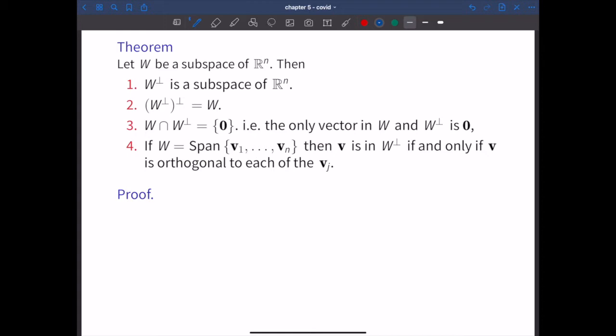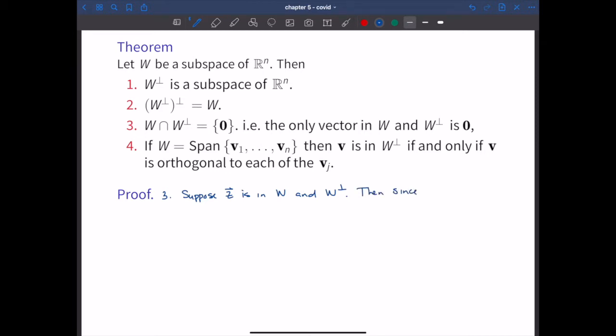So to prove 3, we want to show that the only vector that lives inside of W and W perp is the 0 vector. So let's suppose that Z is in W and W perp simultaneously.